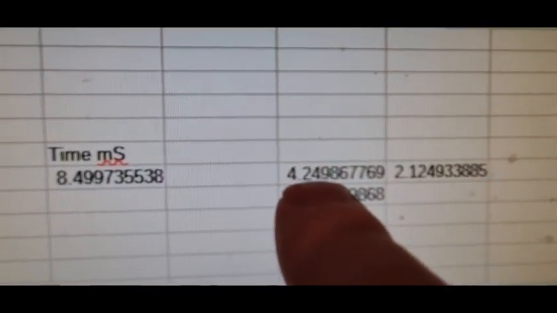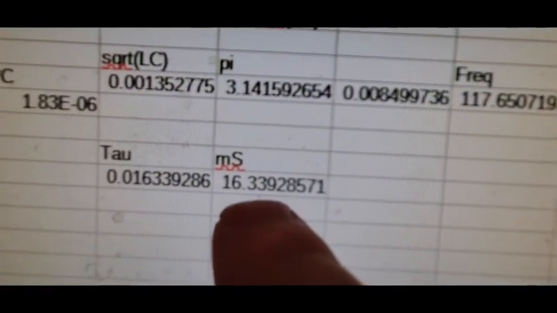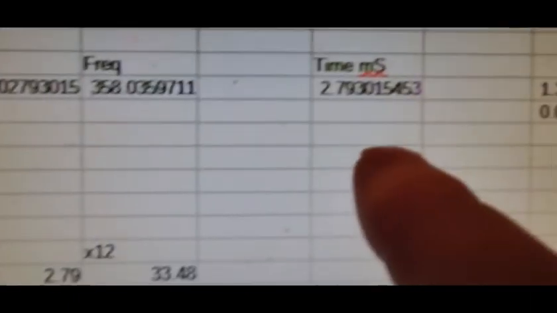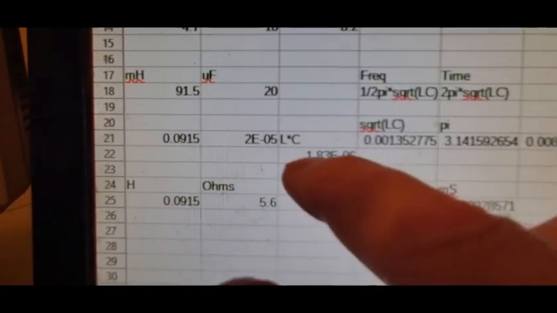It takes 4.24, so like 3 or 4 times longer to get to the most negative. But that 4.24 is up against 16, so like 1/4 of the tau time, versus like 80% or 70% of the tau time.